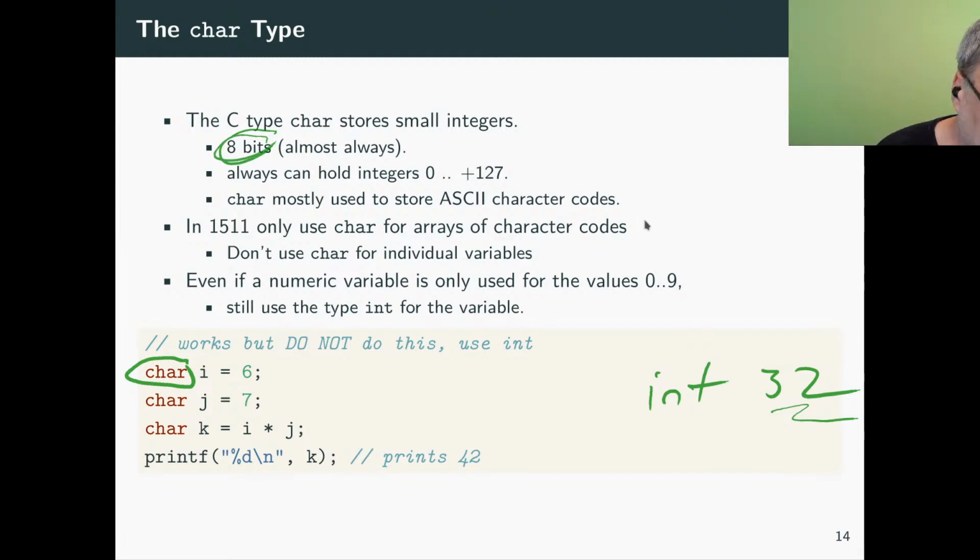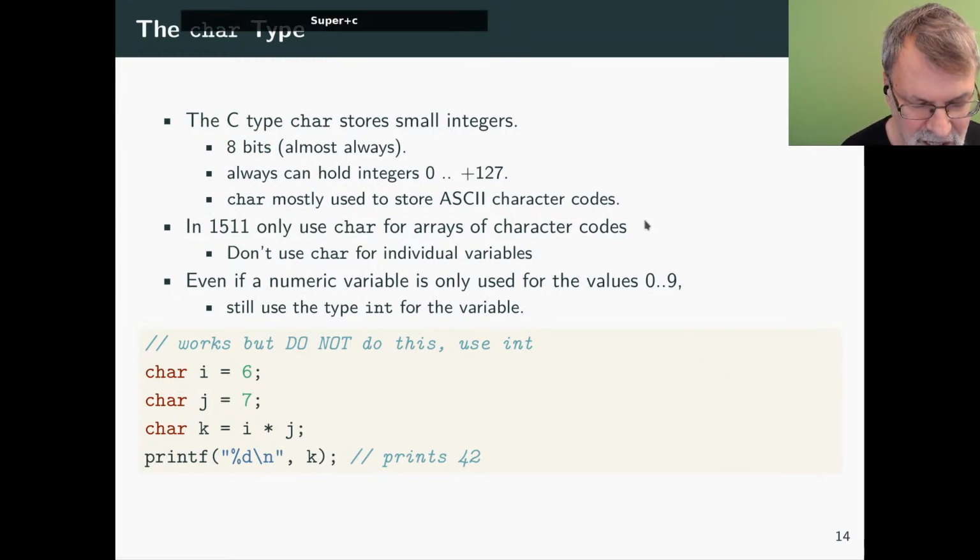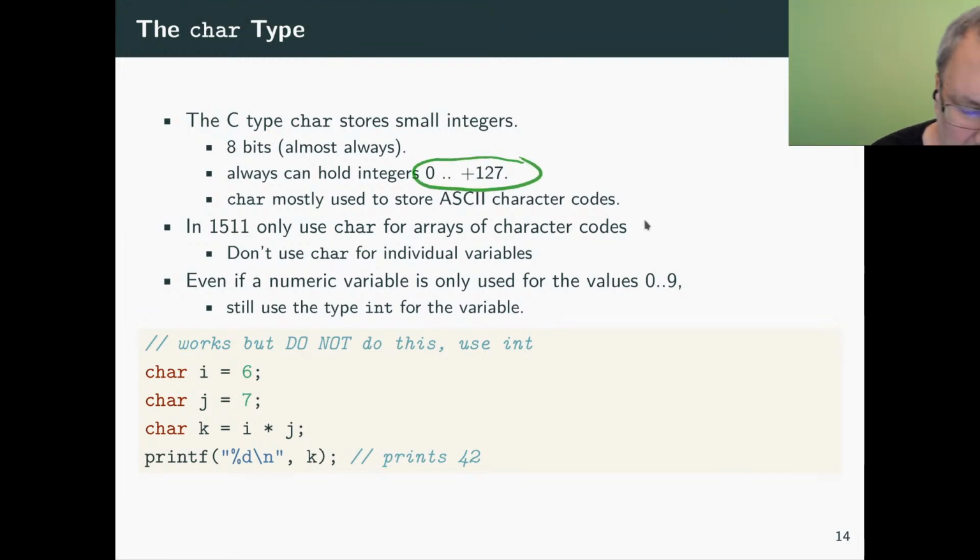You're thinking 8 bits doesn't let you store a very big range of numbers. 2 to the power of 8 is 256 bit patterns, so I can't store many different integers. It's true. But what you can do is always store the integers 0 to 127.